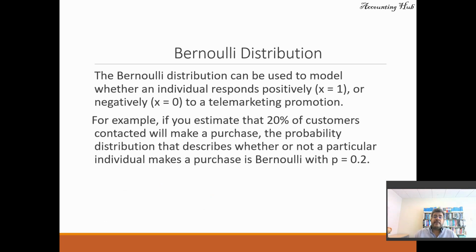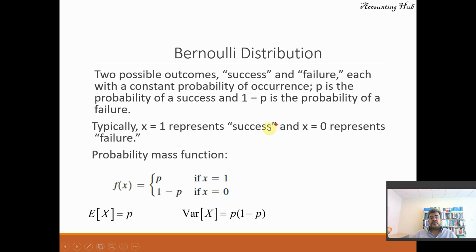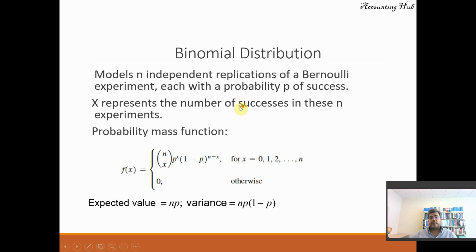And then it can be used to model whether an individual responds positively or negatively, telemarketing promotion, and so on. And then the P will always be the probability of success. Just like here, P, probability of success, 1 minus P of failure.